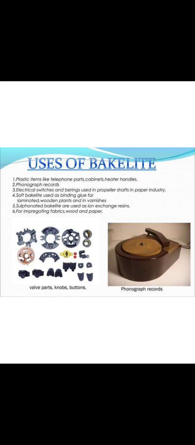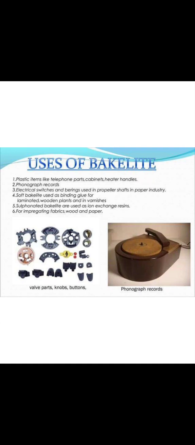Next, soft bakelite is used as a binder glue for laminated wooden paints and in varnishes. And the next important use is sulfonated bakelite, which is used as ion exchange resins.